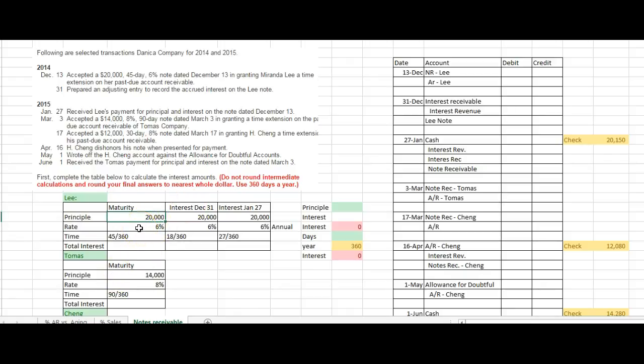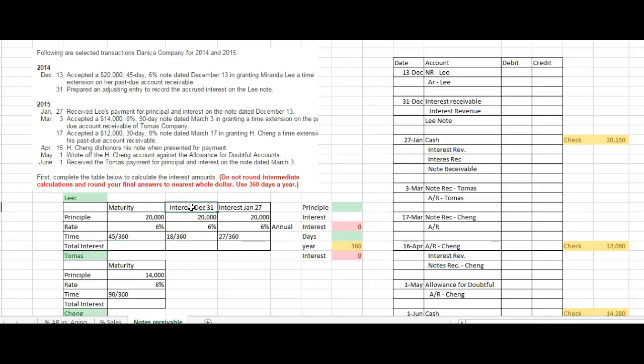Its rate is 6%, and it's for 45 days. So you're going to take this and do the overall interest first. So that's $20,000 times 6% times the 45 divided by 360. This will give you the total interest.